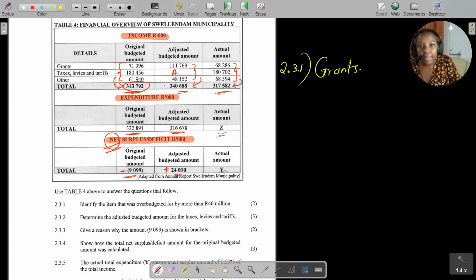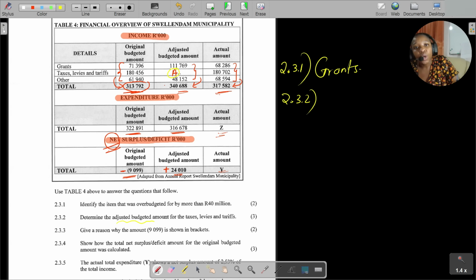Question 2.3.2. Determine the adjusted budgeted amount for the taxes. Do you see there? Now we already know, because we've already analyzed this table, what we need to do to get that adjusted budgeted amount for the taxes.